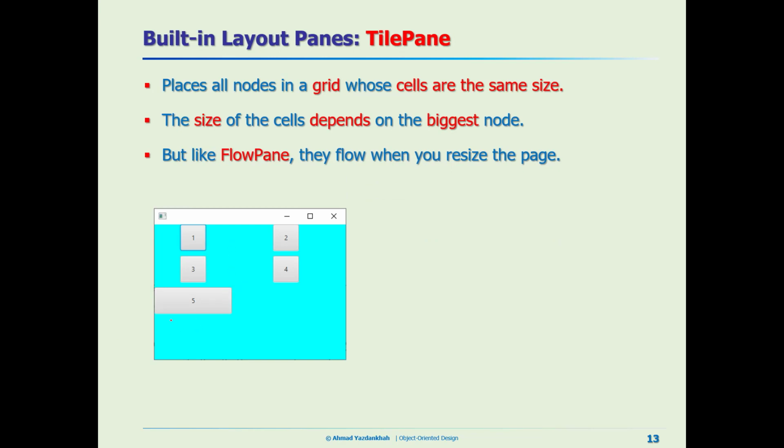For example, this one has a bigger width, it's the widest node, so it adjusts the size of all of the nodes based on this width.